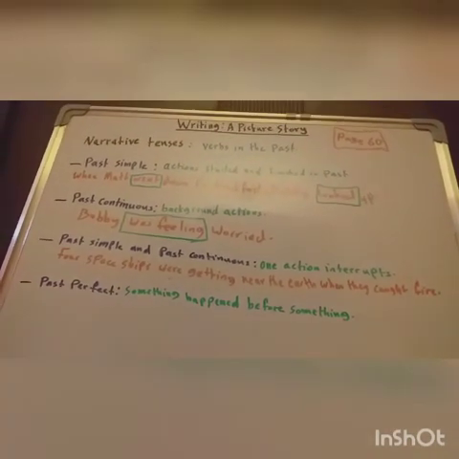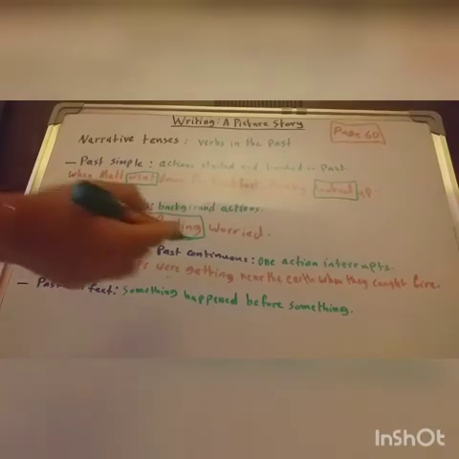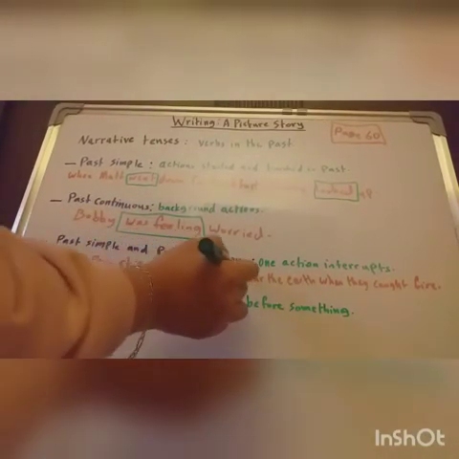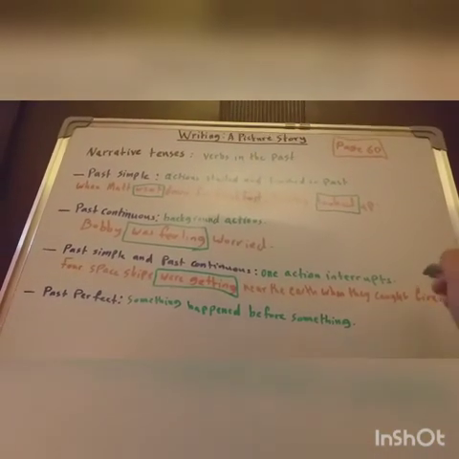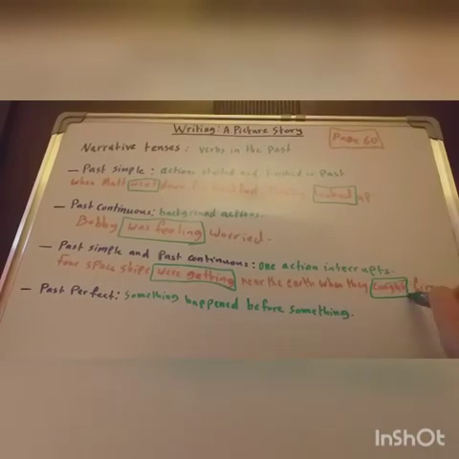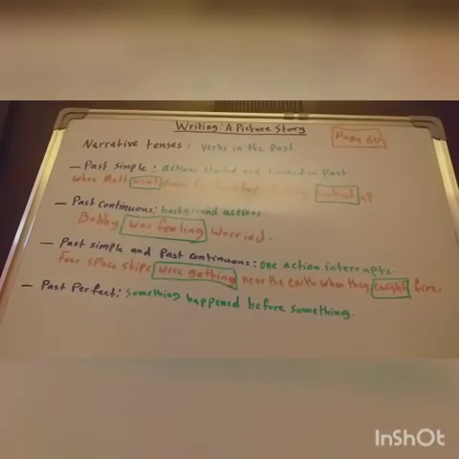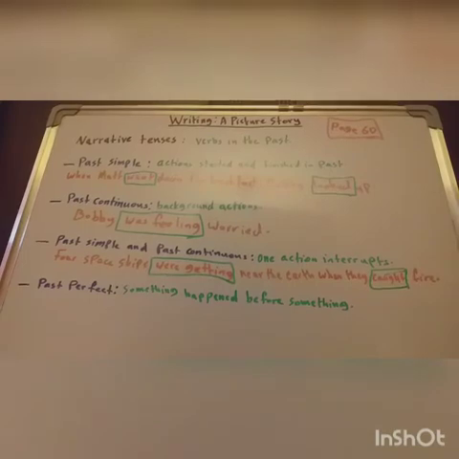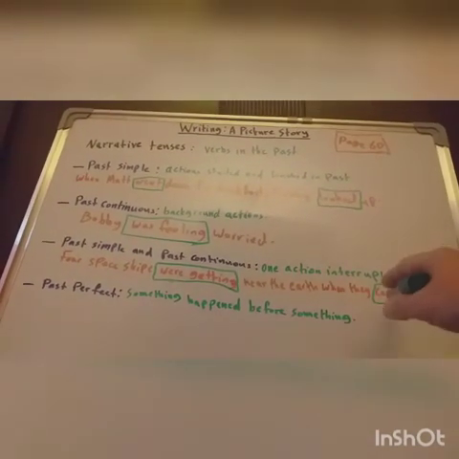In this sentence, you can see the background action or the longer action, which is the past continuous, and the shorter action or the action that interrupts, which is the past simple. And when we use past simple and past continuous together, we often use while with the past continuous and when with the past simple.